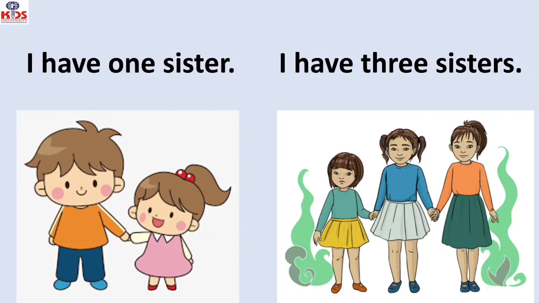Here is another example. I have one sister. I have 3 sisters. So, notice here, you can count the number of sisters I have. And when I have 3 sisters, I have added an s.